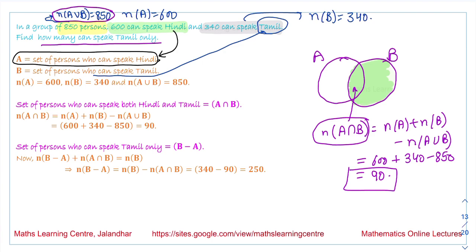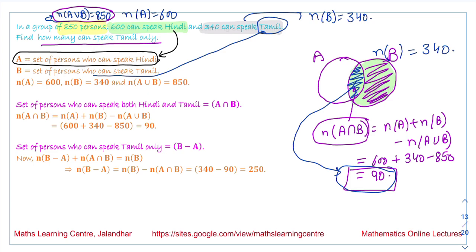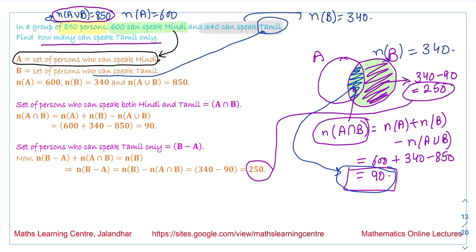The number of elements in B is 340, out of which the number of persons in this region is 90. The persons speaking only Tamil are represented in this portion, and that will be 340 minus 90, which is 250. So there are a total of 250 persons who can speak only Tamil.